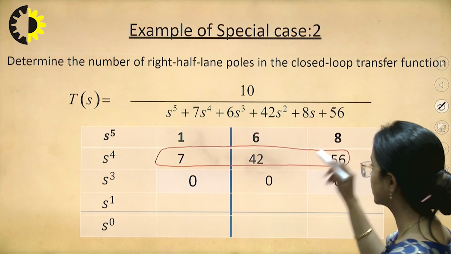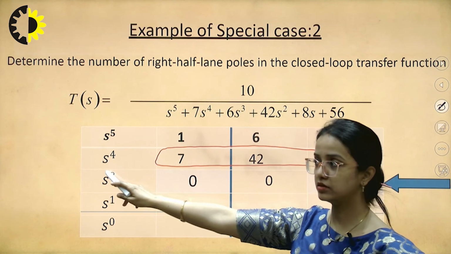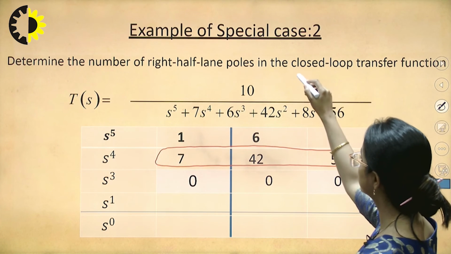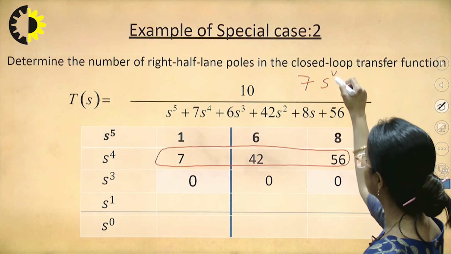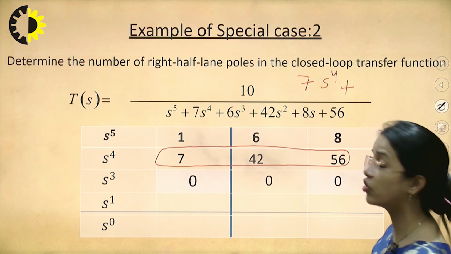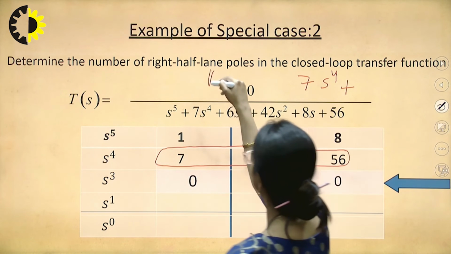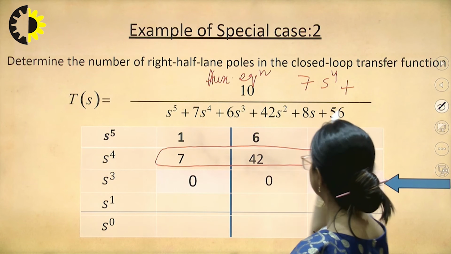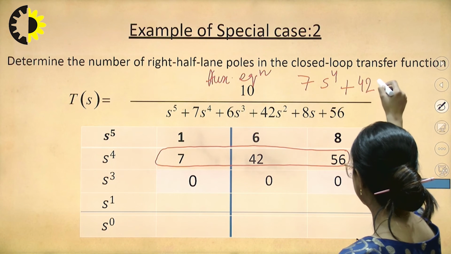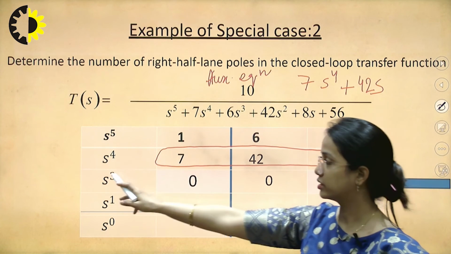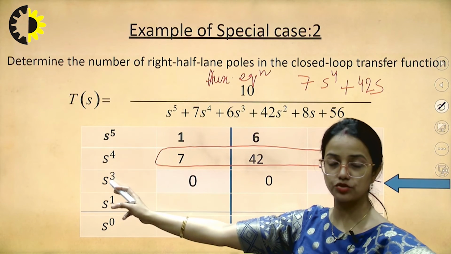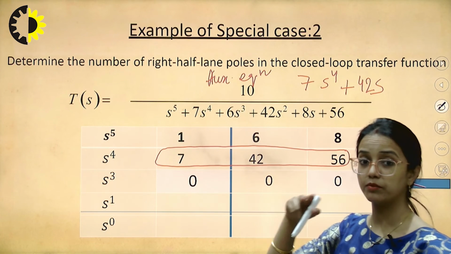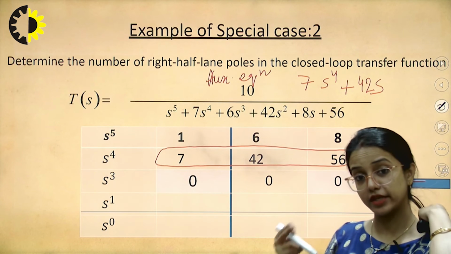The S will be given the power just next to this, and we will write it 7 s to the power 4 plus 42 into s raised to the power... this 7 was with s raised to the power 4. 42 will come with the even power, the next smaller power.